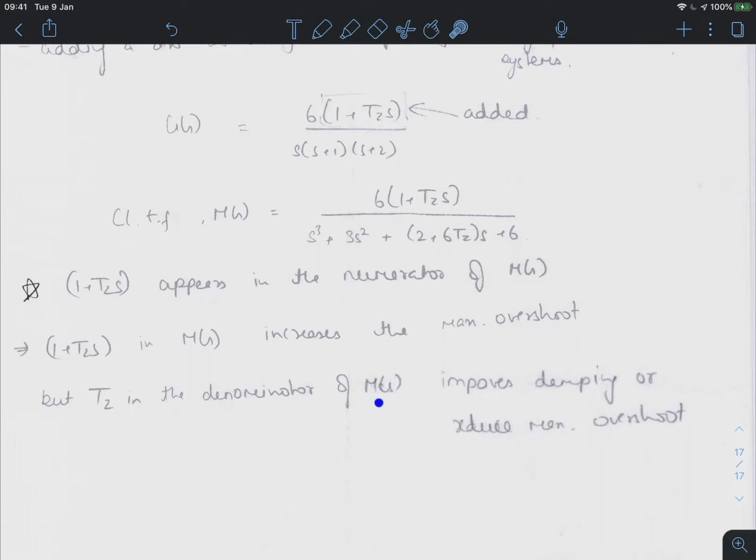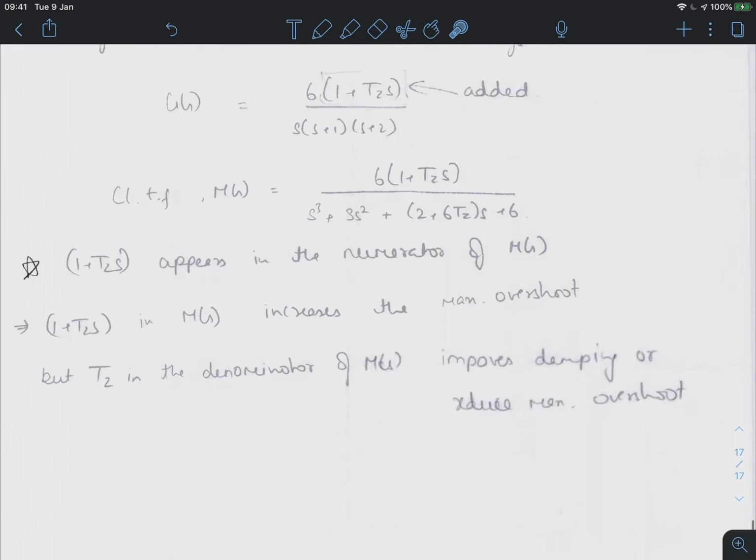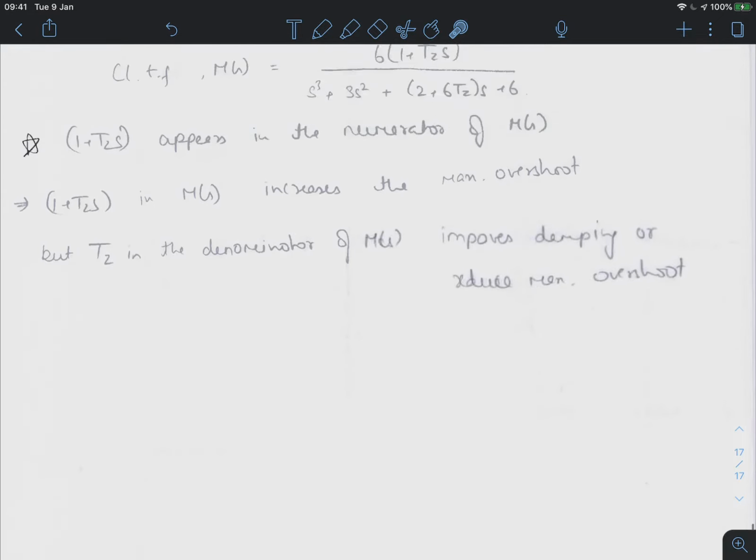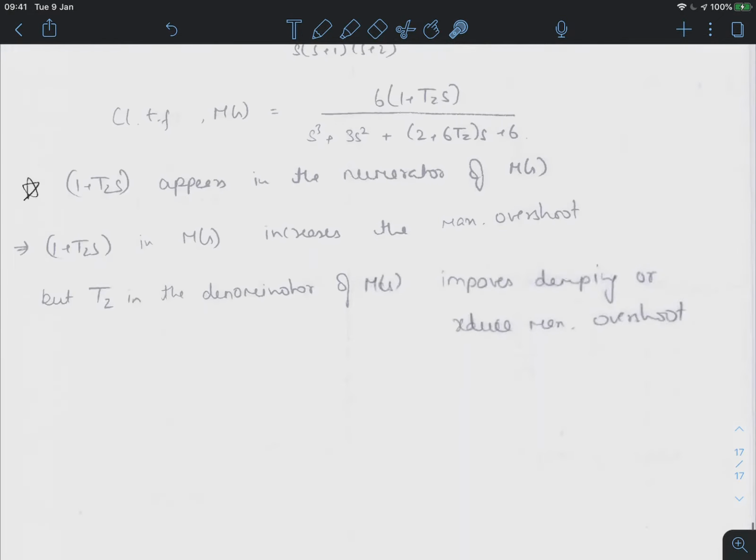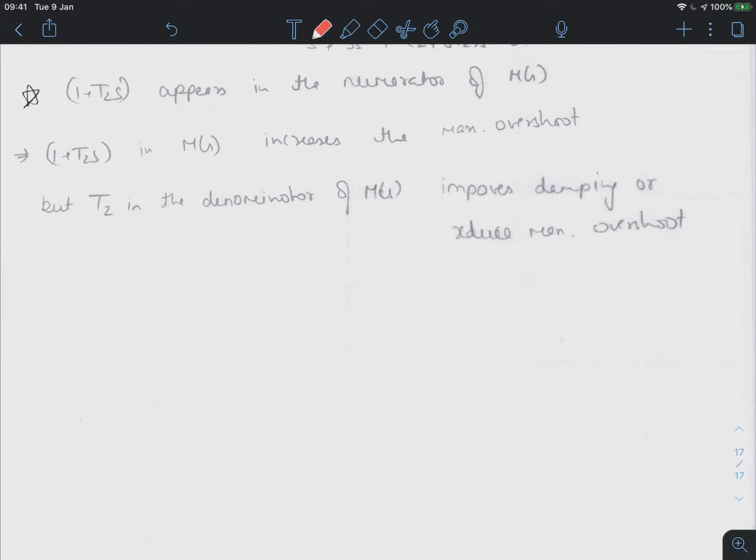It is a question we will address while designing the controller, because here we have done separate analyses. First we had seen only the addition of a pole, and separately we had done only the addition of a zero.